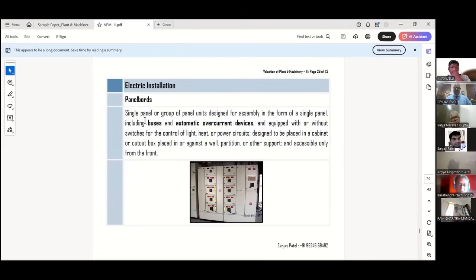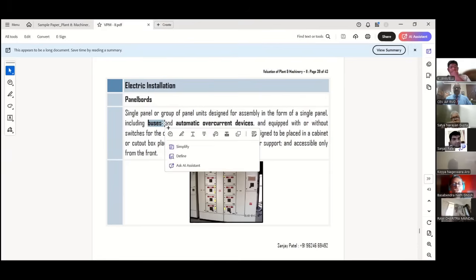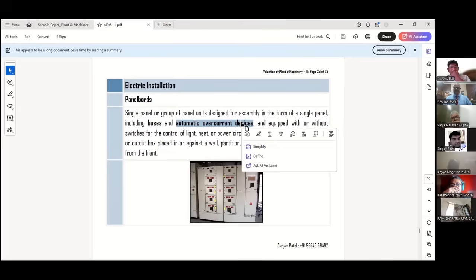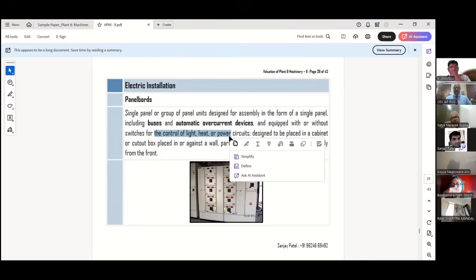Buses means a group of wiring. You will find a protecting device, and control for the lights, heat, or power circuits, designed to be placed in a cabinet or cutout box placed against the wall, partition, or other supporting assembly.